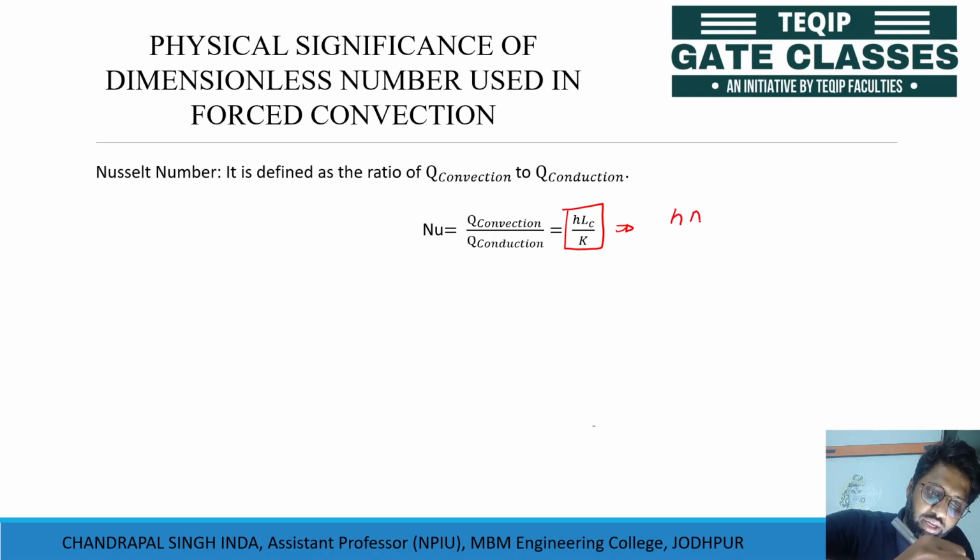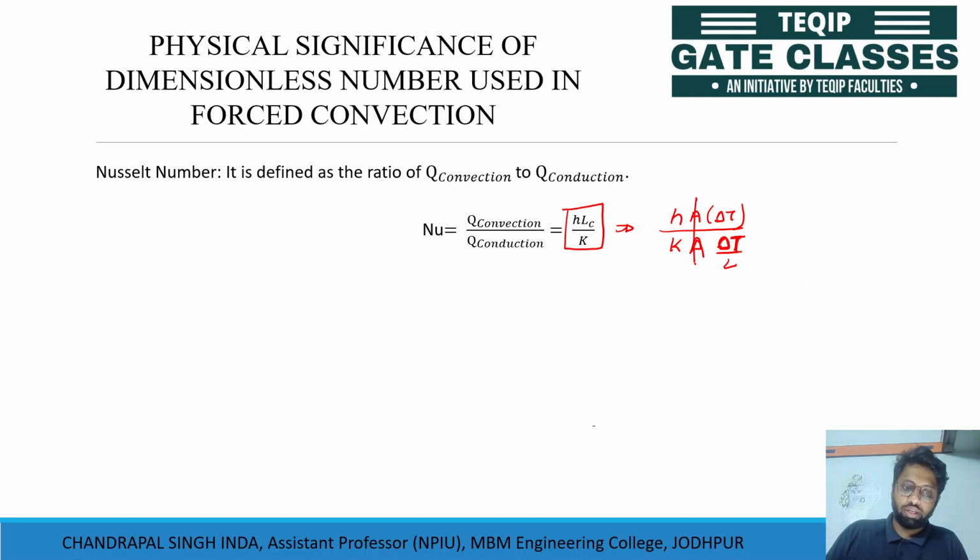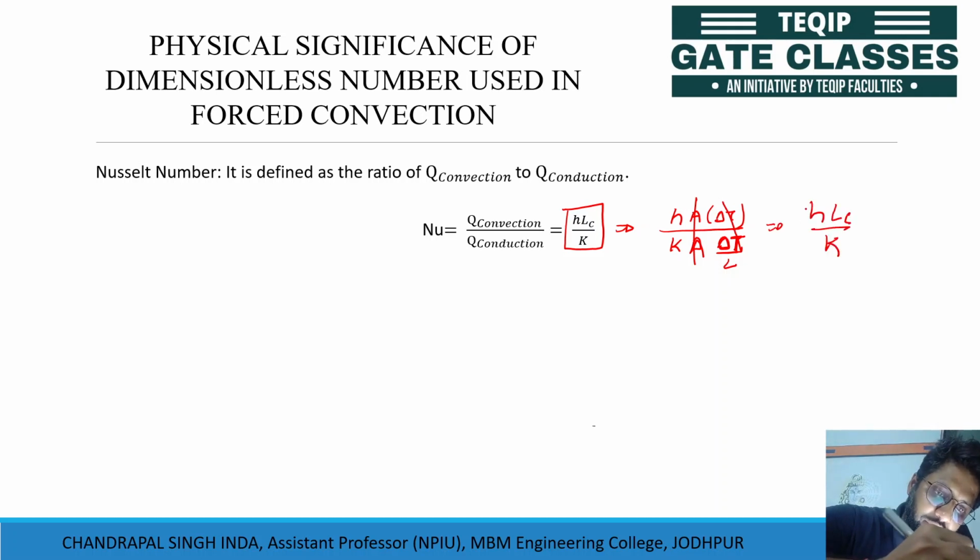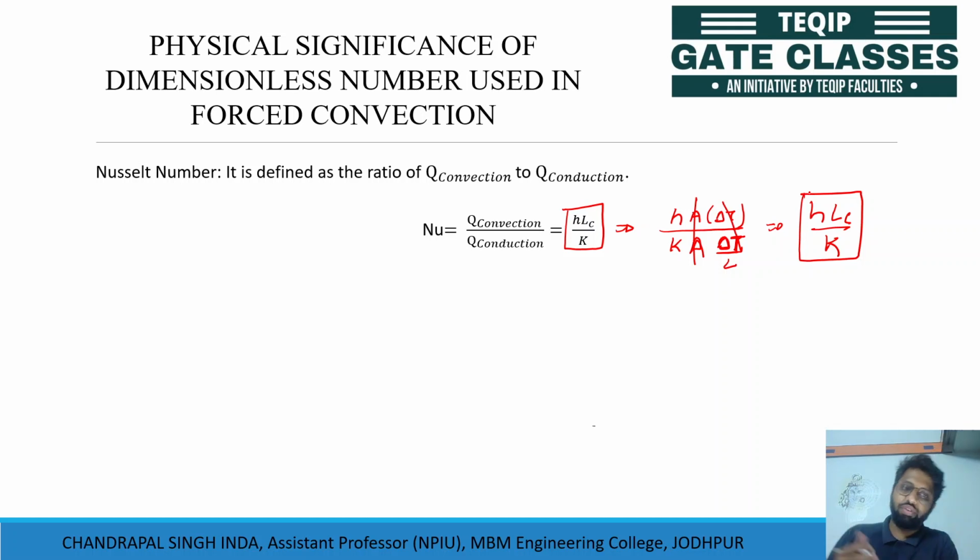Q convection is H A delta T and conduction is K A delta T by characteristic length. So the area A is going to cancel out, and we will have HL by K, where H is the convective heat transfer coefficient for the fluid, L is the characteristic length and K is the thermal conductivity of the fluid.